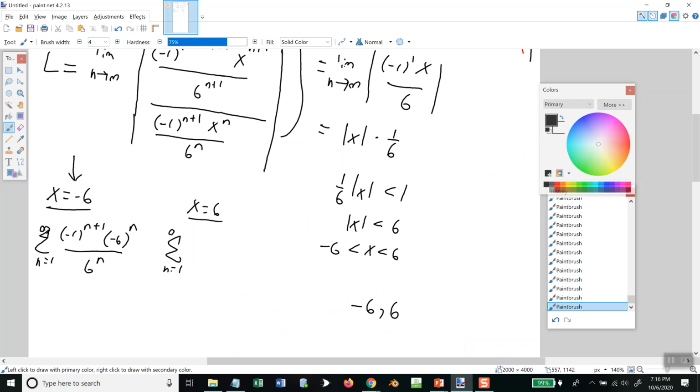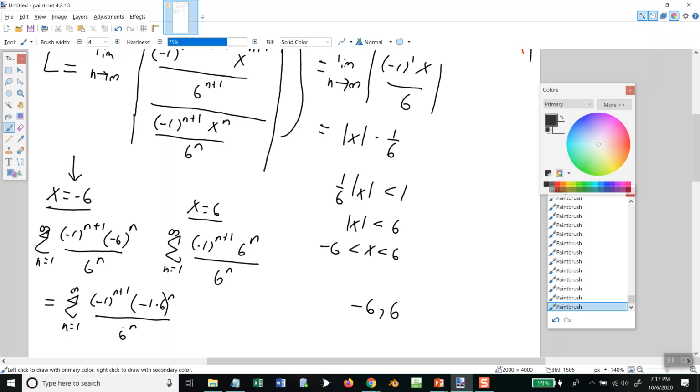So n equals 1 to infinity, and then we got -1 to the n plus 1, and we plug 6 in for x, so 6 to the n. And then 6 to the n here. They will in both of them, actually. Because over here, at -6 to the n, I could rewrite that as -1 times 6 to the n power.